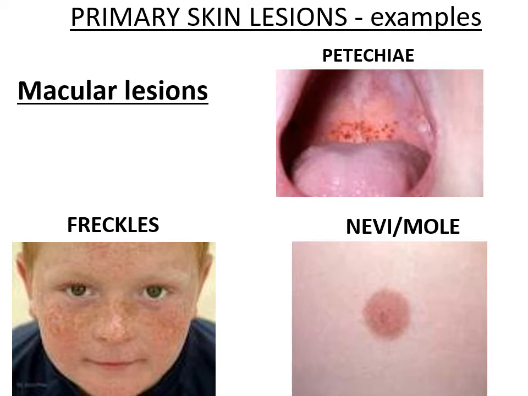Okay, so when you rub your hand over petechiae, you can't feel them. Okay, freckles, that's a macular rash. And certain moles, not all moles, but some moles, so nevi or mole is the same term. Some moles are macular, meaning they're completely flat on the skin. Other moles have a bit of a raised appearance to them, and of course we wouldn't call them macular.